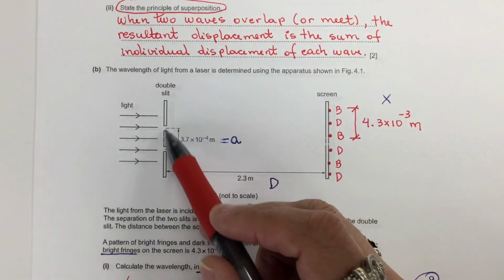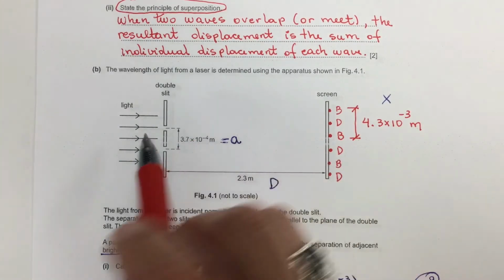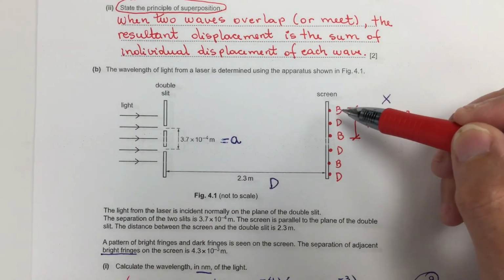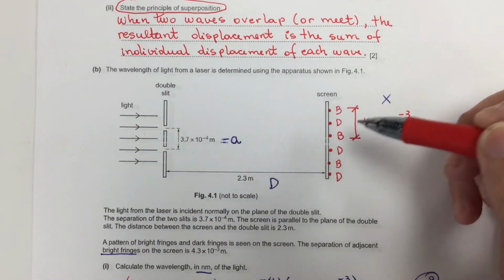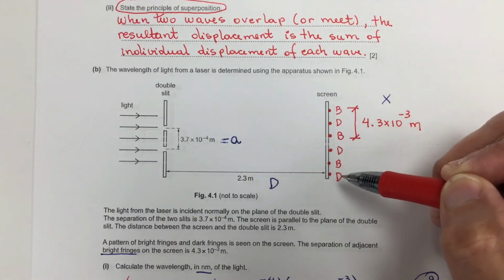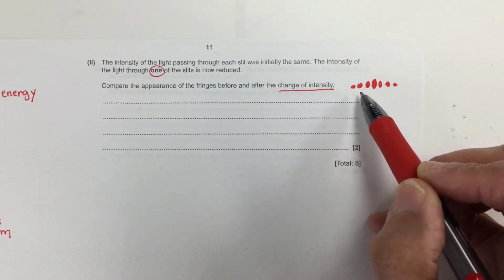With two slits equally spaced here, the light is passing through and is going to project on the other screen a section of bright, dark fringes. Something like this. That's what you should be expecting.